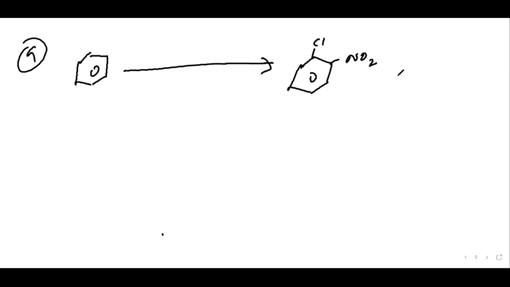Ishara, you can put conc HNO3 and conc H2SO4. Tamasha, chlorine first and then conc HNO3, conc H2SO4. Okay, very good. Tamasha correct.